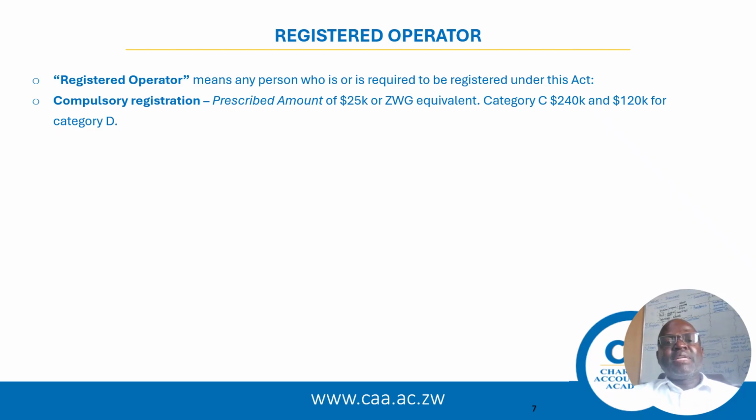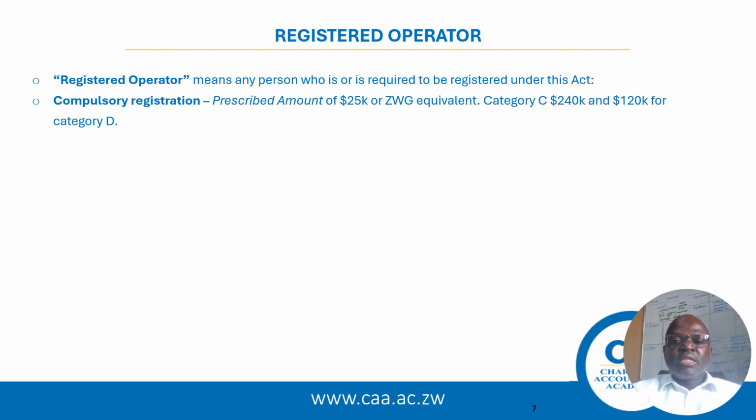And there's a prescribed amount which you have to reach, and you'll be compulsorily registered if you reach that prescribed amount of 25,000 for category A and B VAT vendors, or its ZWG equivalent. When it's category C, the prescribed amount becomes 240, and category D 120.